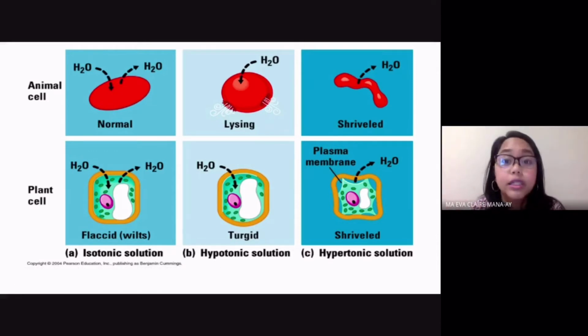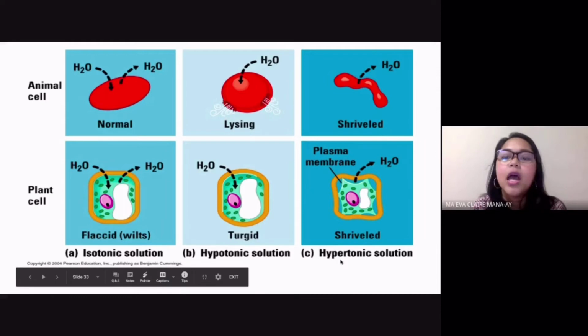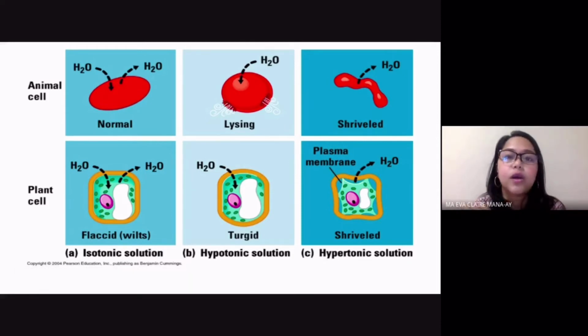Now, if you have a hypertonic solution, it is the opposite of a hypotonic solution. That means it has a very large amount of solutes, and so it is going to have very little water in it. Now remember, this is about osmosis, and the direction of movement of water molecules would still be just like your passive transport.